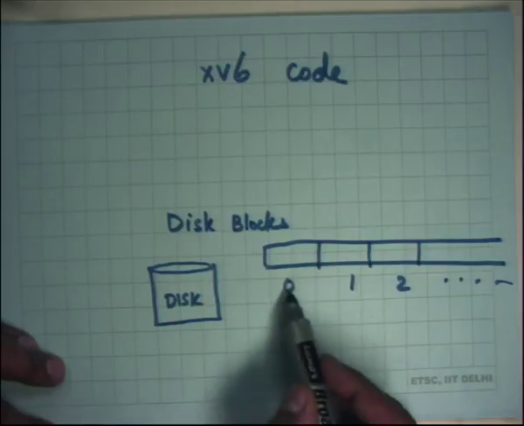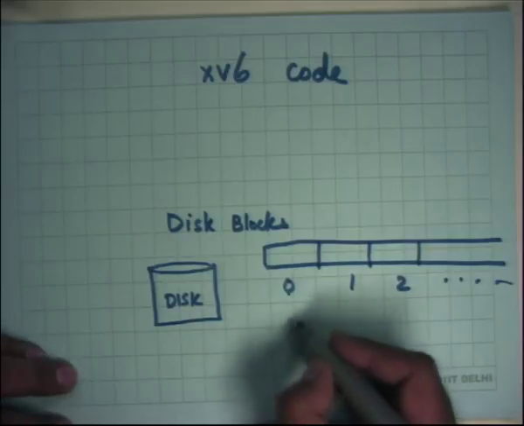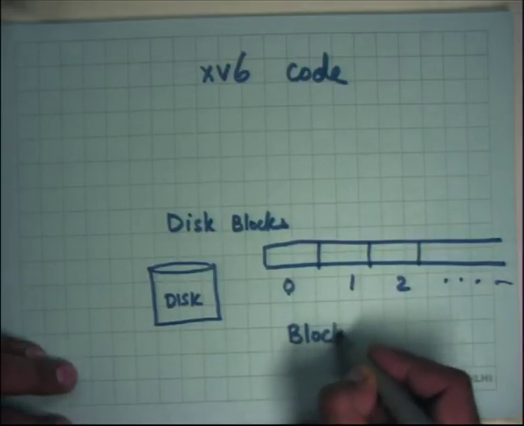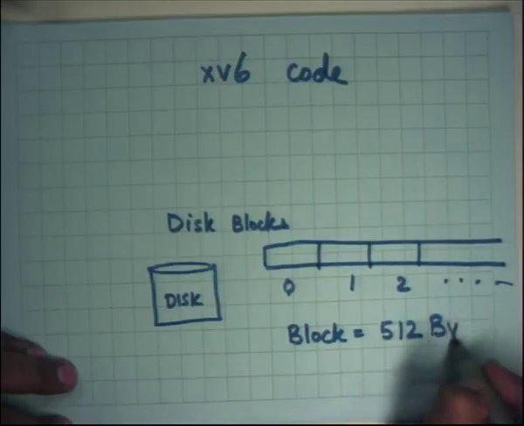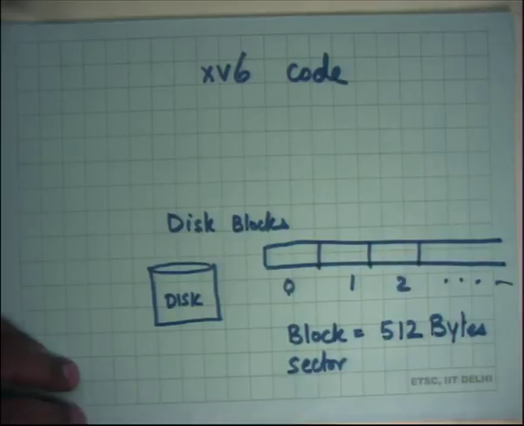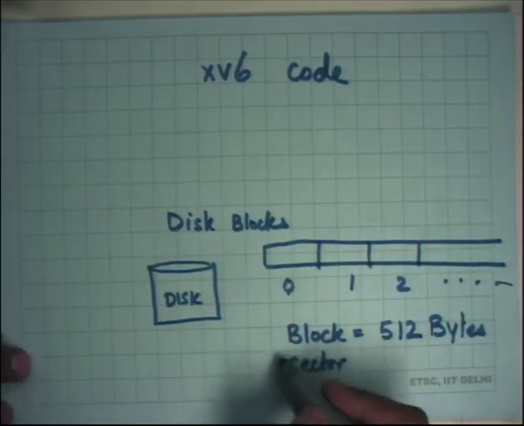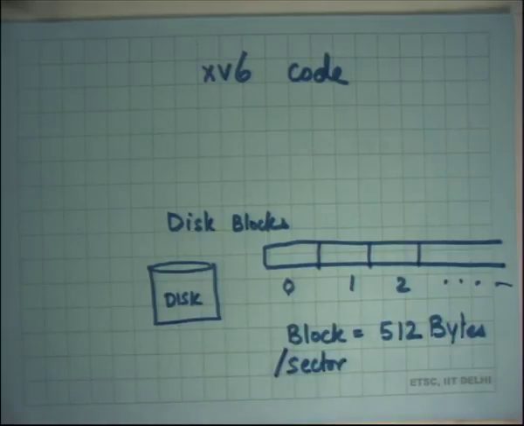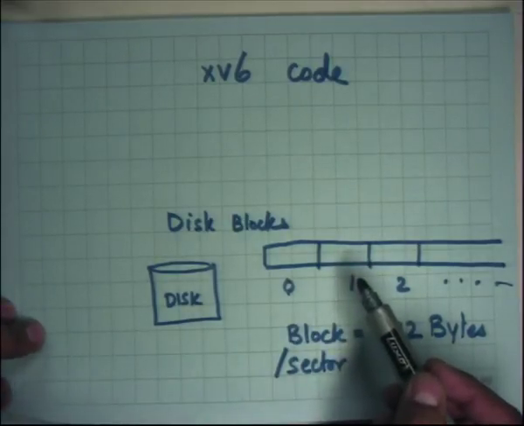It's a collection of blocks where each block, once again a property of the hardware, is 512 bytes, also called a sector.